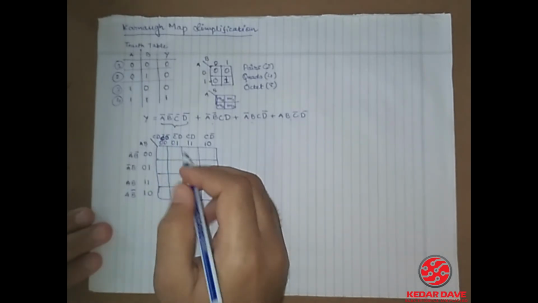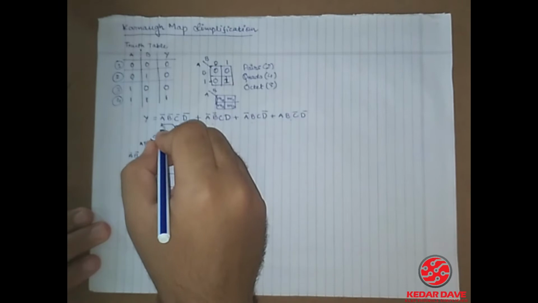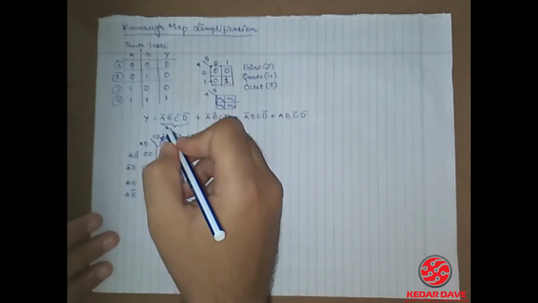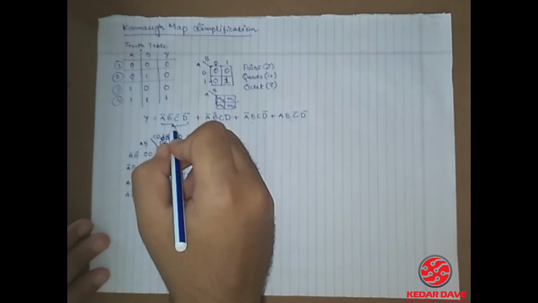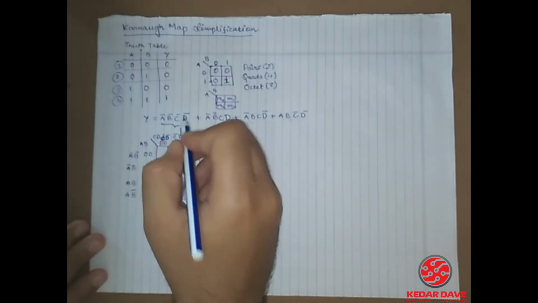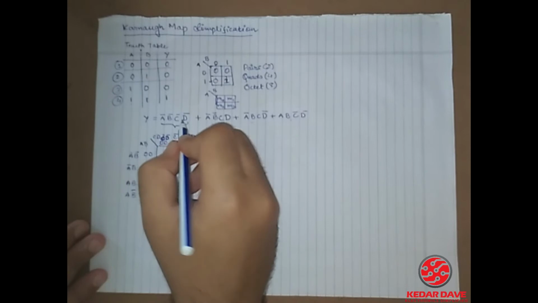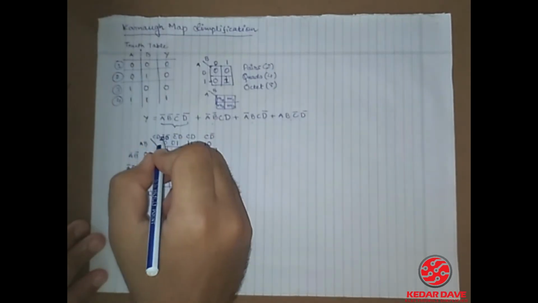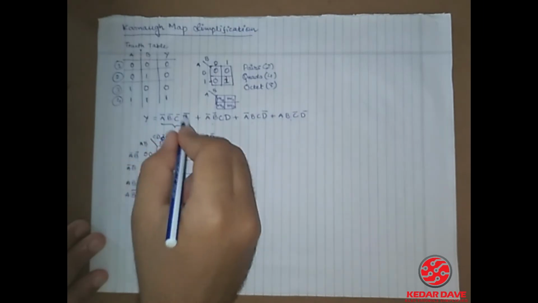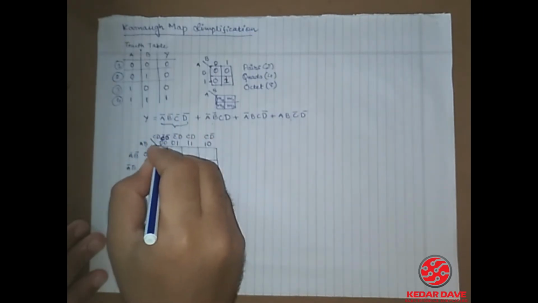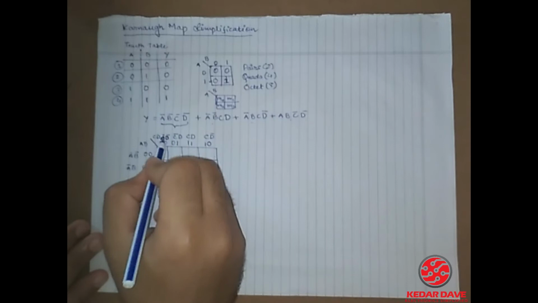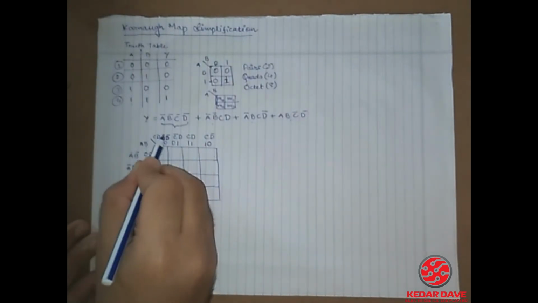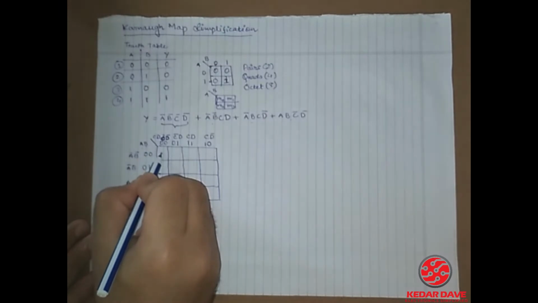So for the first equation over here, what we are getting is A bar B bar and C bar D bar, right? So A bar B bar, C bar D bar. Where we can get this min term, in which box will this condition be satisfied? You can see that A bar B bar is over here and C bar D bar is over here.